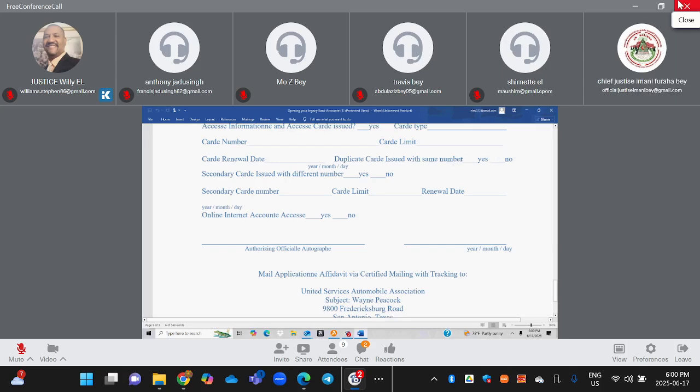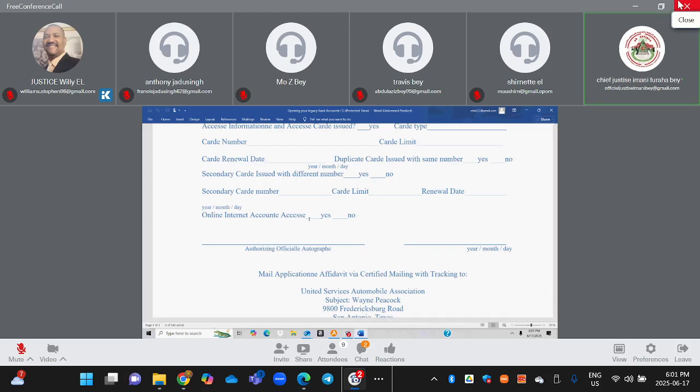If you wanted to duplicate, that would be yes or no. And then, of course, a secondary card issue with a different number. If you choose yes or no, then secondary card limit, renewal date, year, month, online internet access. Yes, if you choose to have internet access.